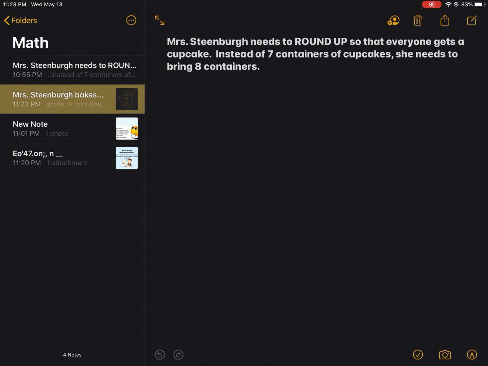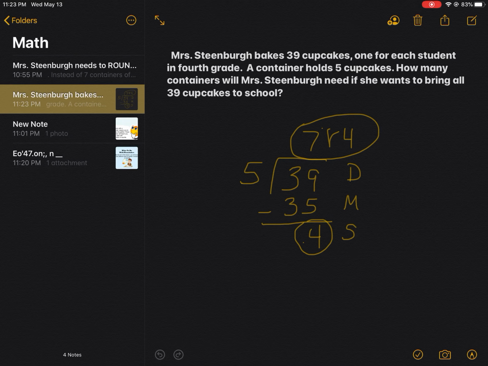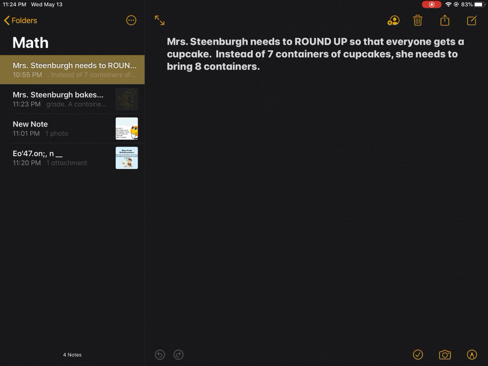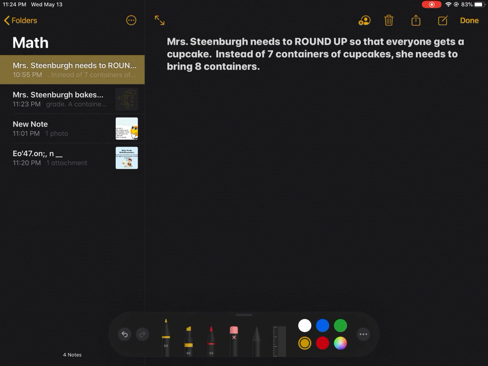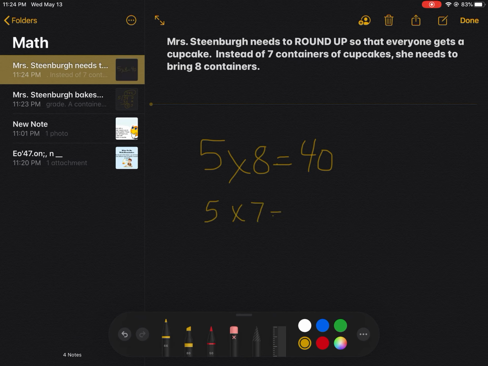So, going back to this problem one more time, I know that we only have 39 cupcakes. However, we need to think of the problem 5 times 8, which is 40, because 5 times 7 is too small.